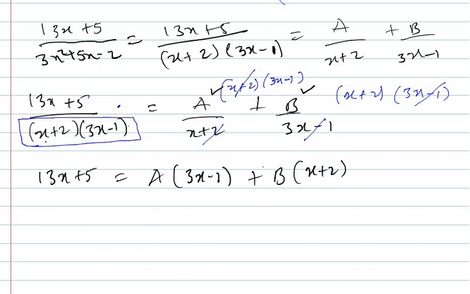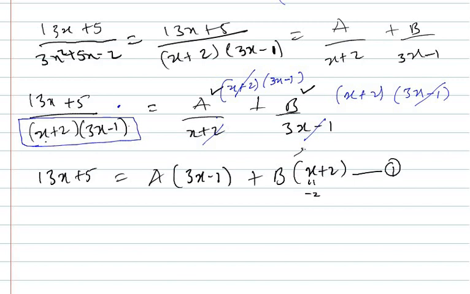So we have this, let's call it equation 1. We can find a value of x in such a way that it will make one term equal to 0. If we let x be equal to minus 2, then minus 2 plus 2 is 0, then 0 times B is 0.